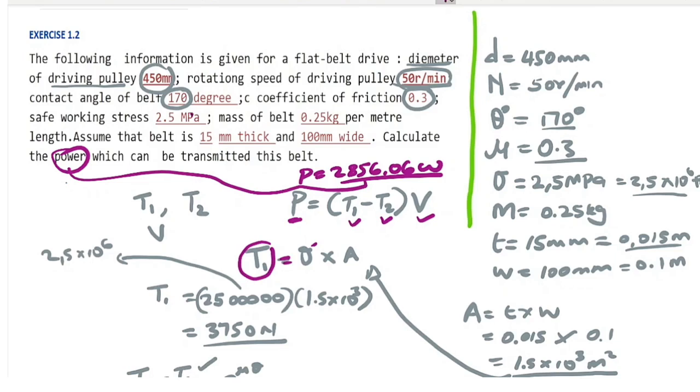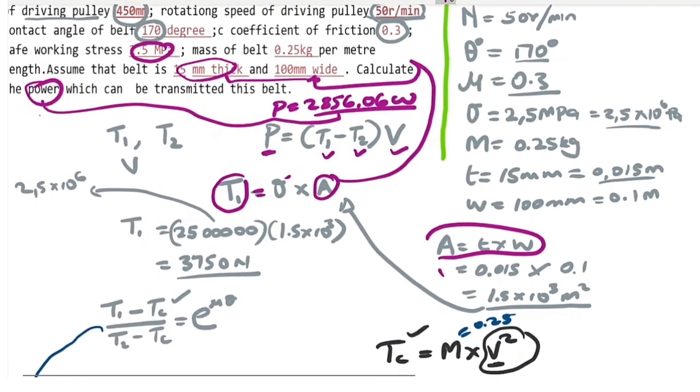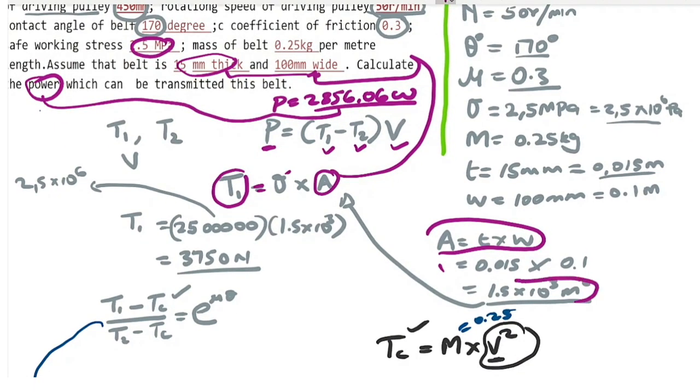Here, this stress, the megapascals one. Then the area of a belt is not the area of a wheel. This one's the area of a belt. So we've used this width and also the thickness to find the area. There where we did it, then we found it to be this number, the area.